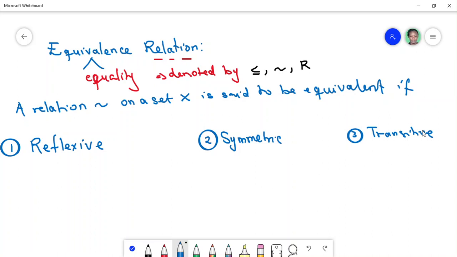What do we mean when we say it is reflexive? So let's look at what it means for it to be reflexive.